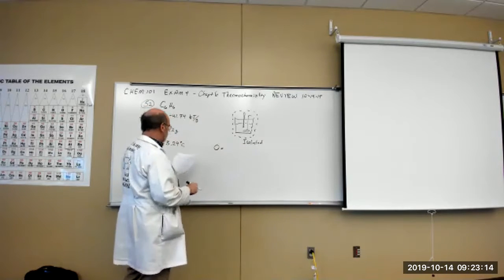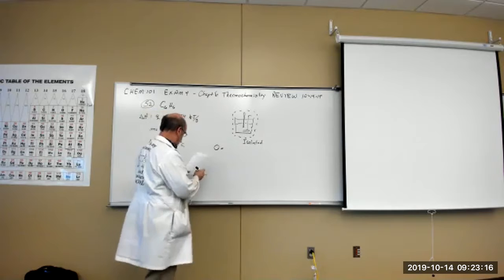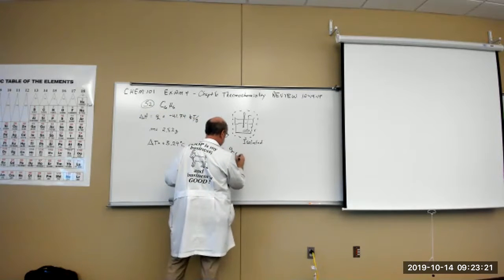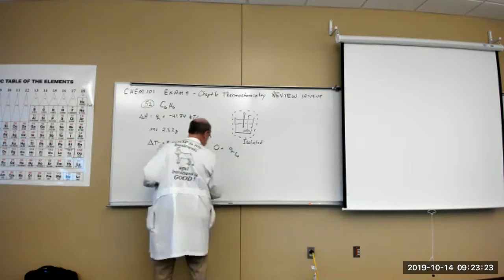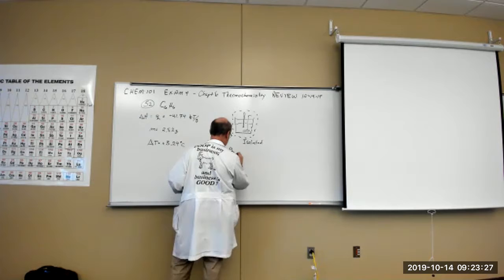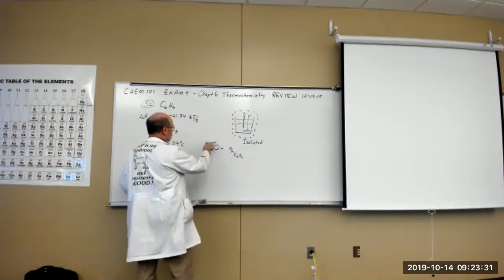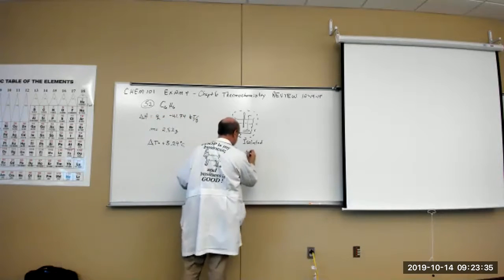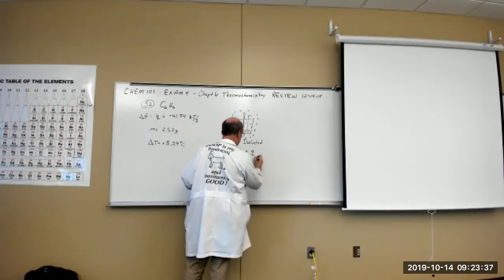So what are the heat changes that are going to take place? Well, you're going to have the Q that's assigned to the combustion. Right? Combustion of benzene. And then you're going to have a Q factor for the calorimeter.